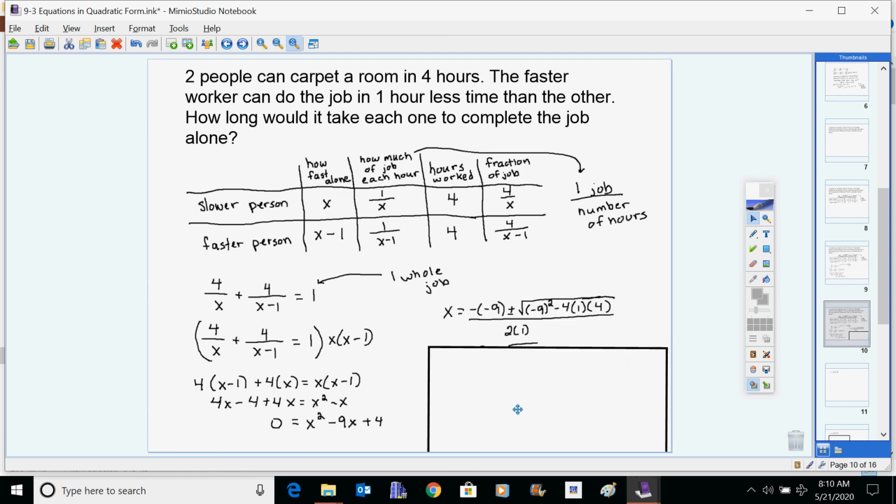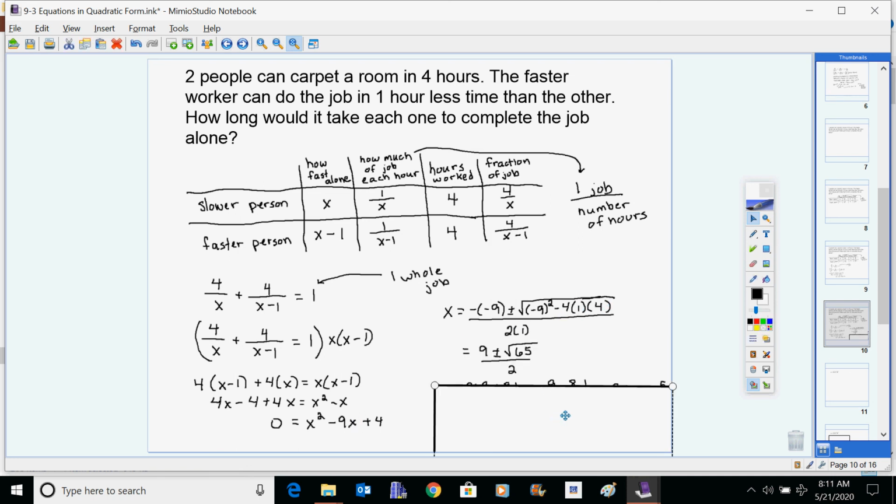We're going to need to use the quadratic formula. Or you could complete the square if you want, but it's just kind of annoying. Negative b plus or minus the square root of b squared minus 4ac all over 2a. So we have 9 plus or minus square root 65 over 2.